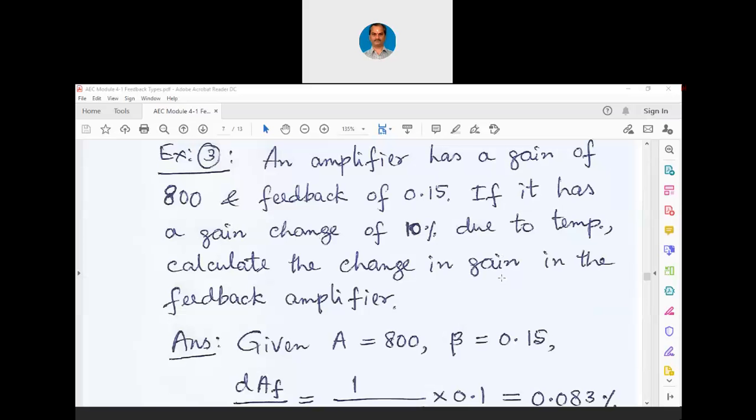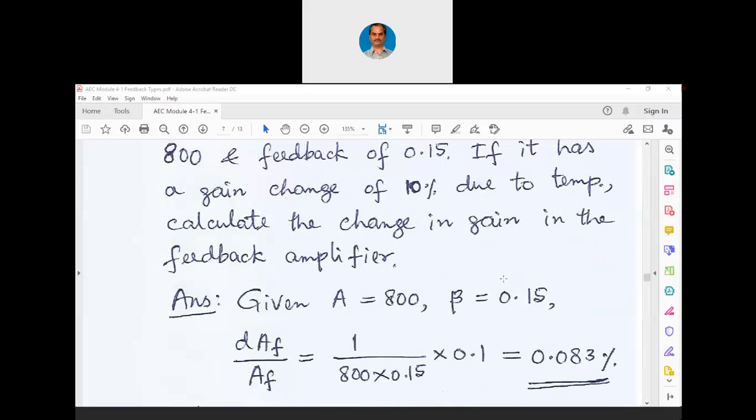gain with feedback. So we have dAF by AF is 1 by A beta into dA by A, right? Now dA by A is given as 10%, that is 0.1, and 1 by A beta, A is 800, beta is 0.15. So 1 by A beta into 0.1 is 0.083%.